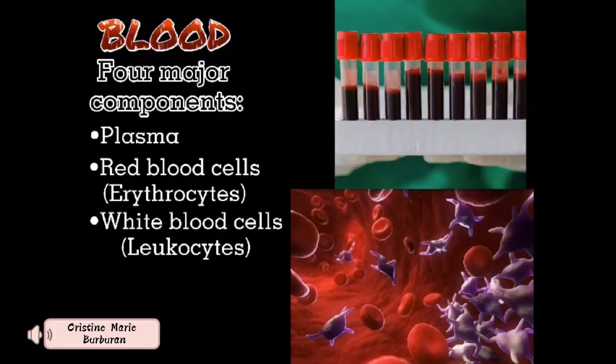White blood cells, or leukocytes, make up the body's immune system by producing antibodies and helping destroy harmful microorganisms. These cells are also created in the bone marrow. And lastly, platelets are cells that clump together to form blood clots and help protect the body by preventing bleeding.